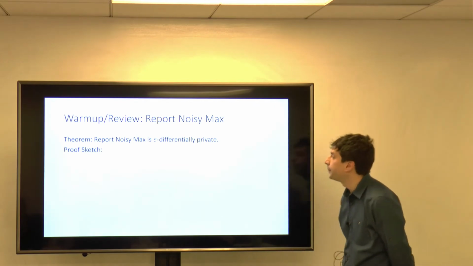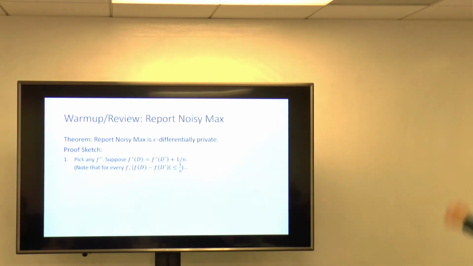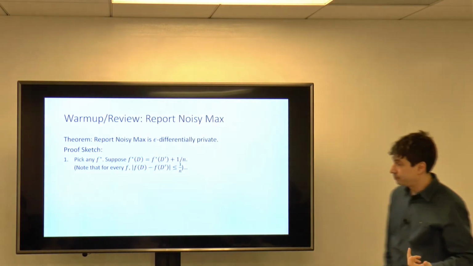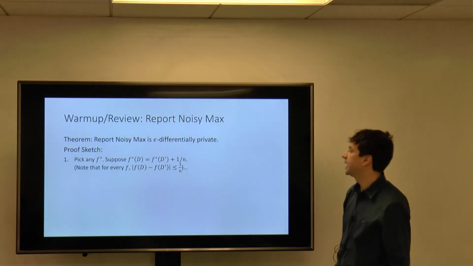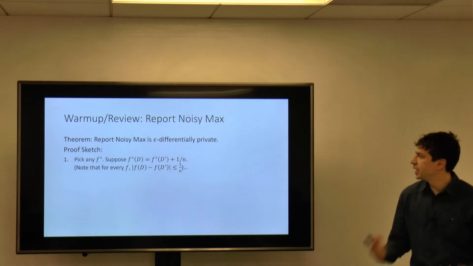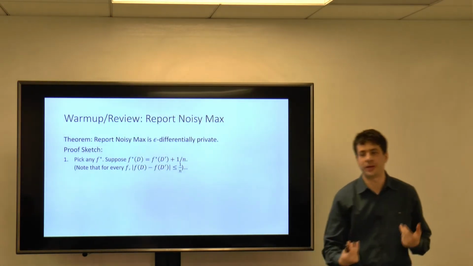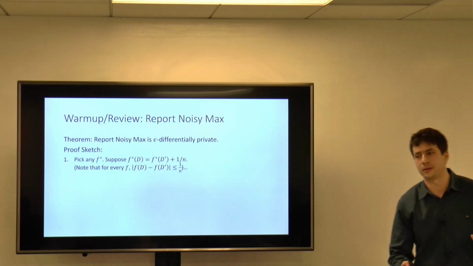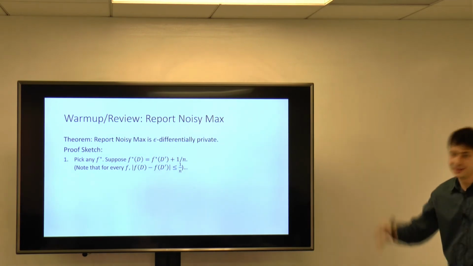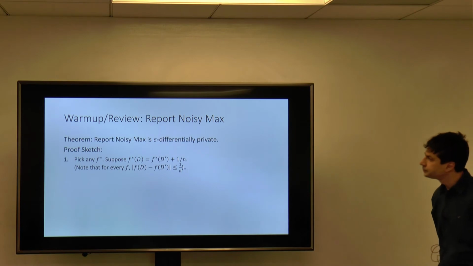Let's think about why. Well, again, consider any function f star. On 2 neighboring data sets, I know that f star of d can differ from f star of d prime by at most 1 over n, because all of these functions are just the average of n numbers.